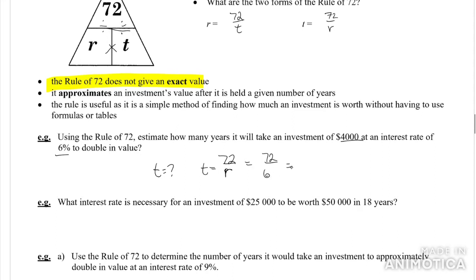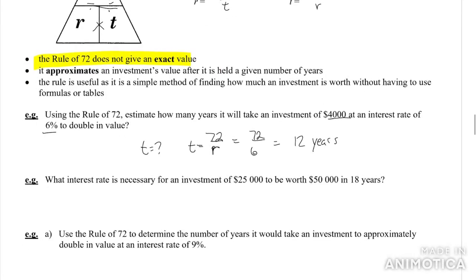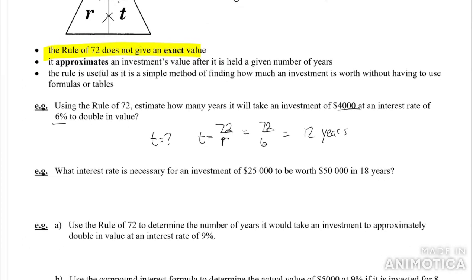And from that, I get 12 years. So if you put $4,000 into an account that made 6% interest per year, after 12 years, you could expect to have about $8,000.